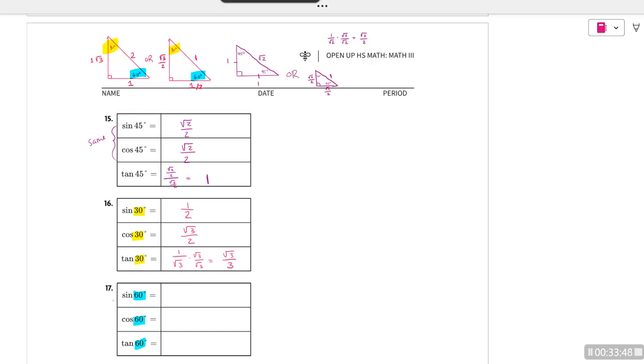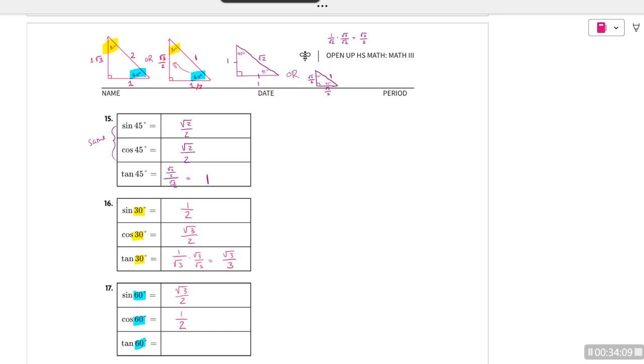Opposite 60 is square root 3 over 2. Hypotenuse is 1, but when we divide by 1, it doesn't change anything. Cosine of 60, adjacent to 60, we have 1/2 over 1, which doesn't change anything.